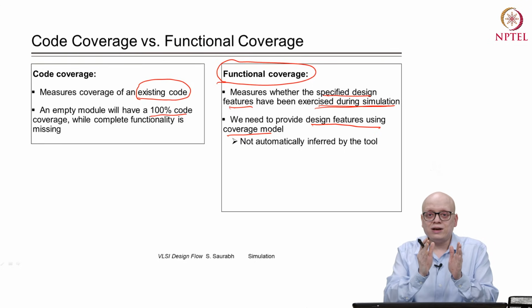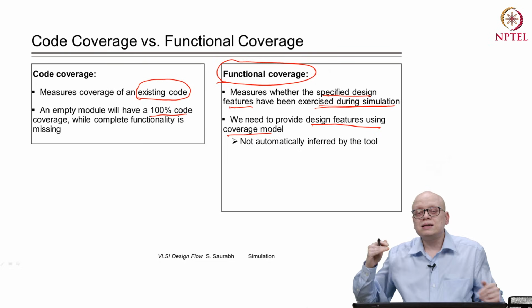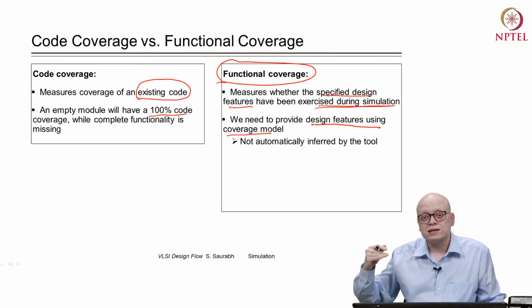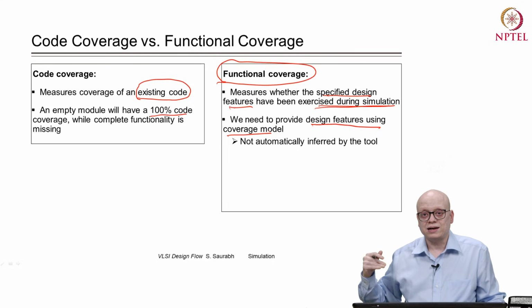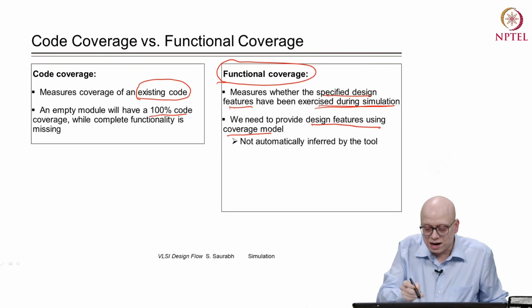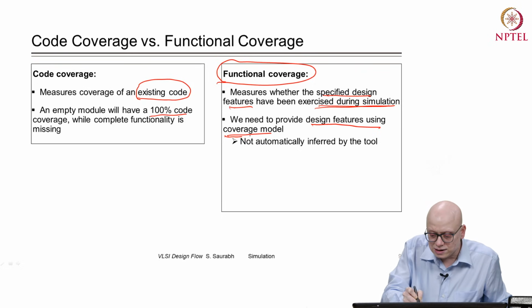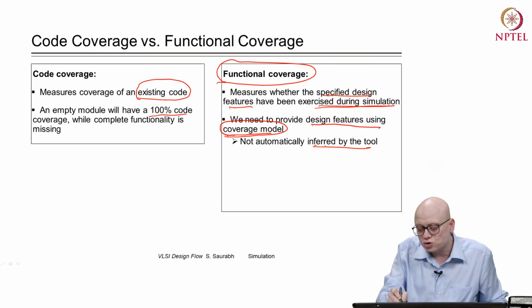Now we create a separate model, known as a functional coverage model, which contains a description of the various features in our design. So the features of our design are contained in a coverage model. It is not automatically inferred by the tool.